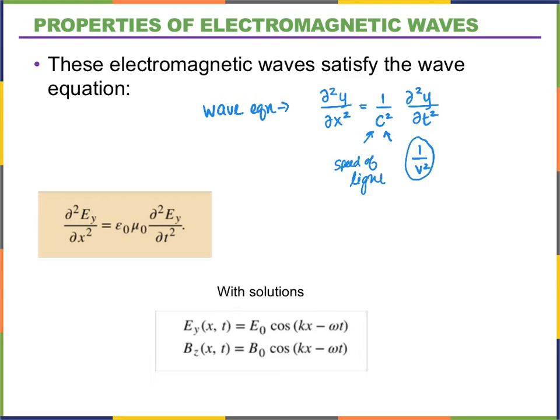and that's what we see when we look at Maxwell's equations, which give us two results. We see that the electric field, which is directed in the y direction, satisfies the wave equation. We also can see that the magnetic field, which has a z component, would also satisfy the wave equation.